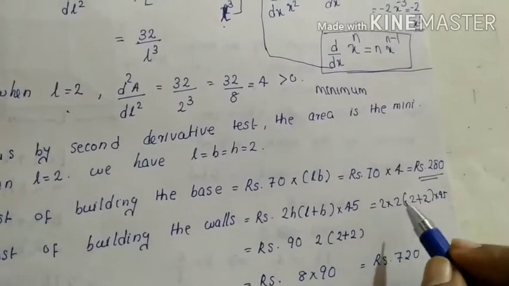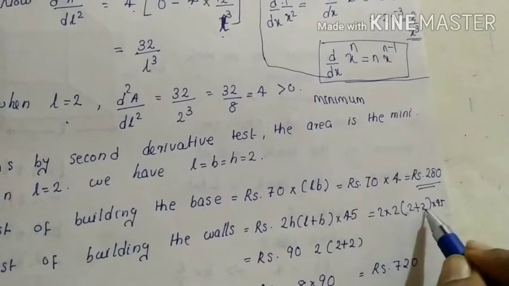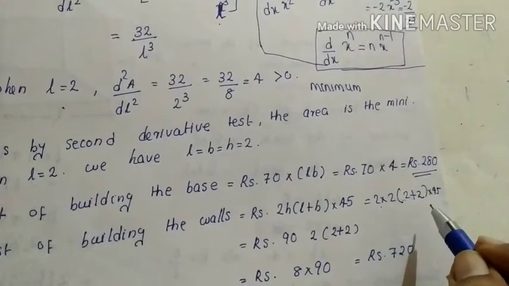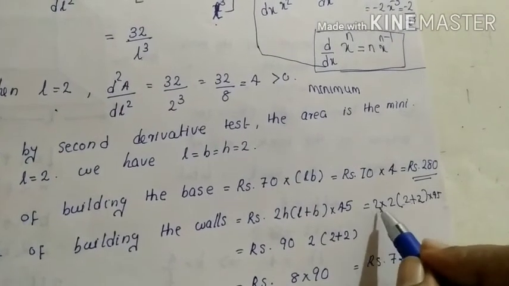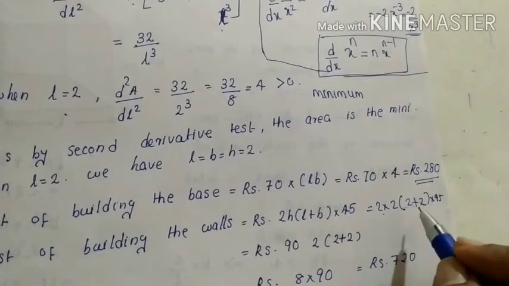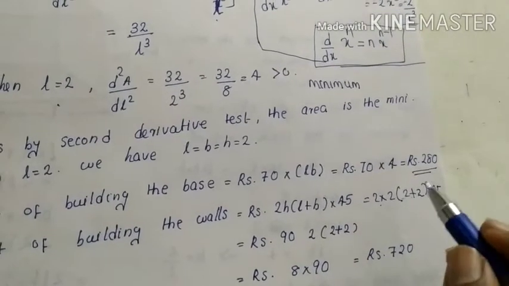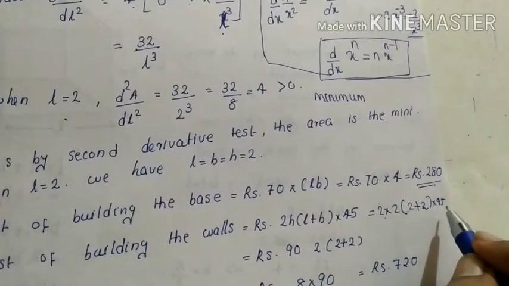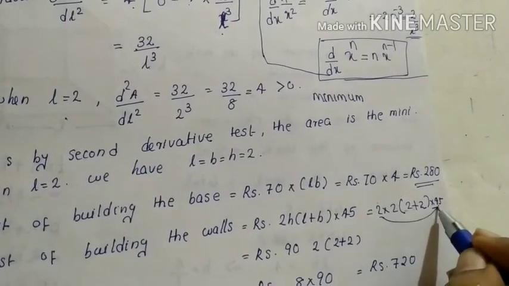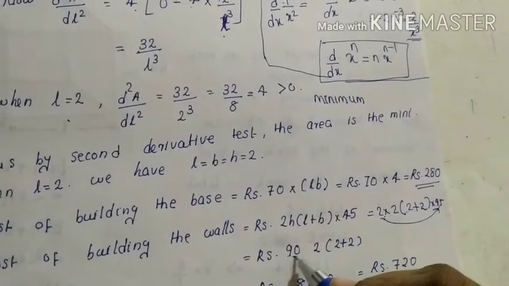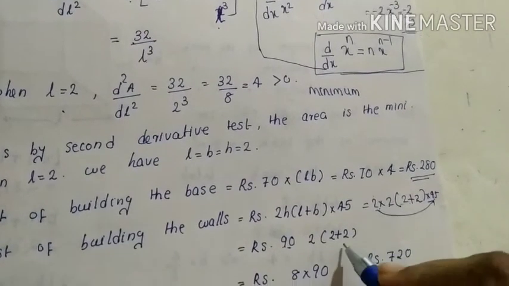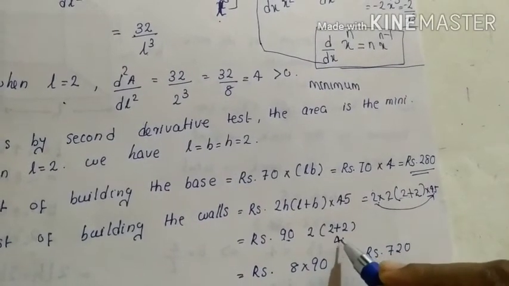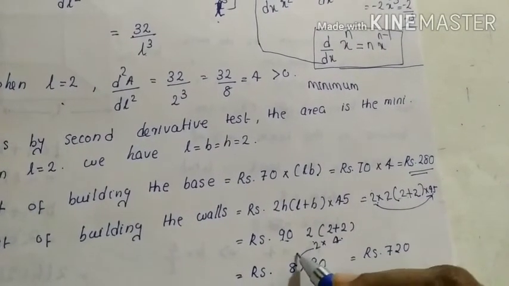So from this we get 4 into 4, that is 16, into 45. Taking 2 into 45, that is 90, and 2 into 2 plus 2, which is 2 into 4, is 8.